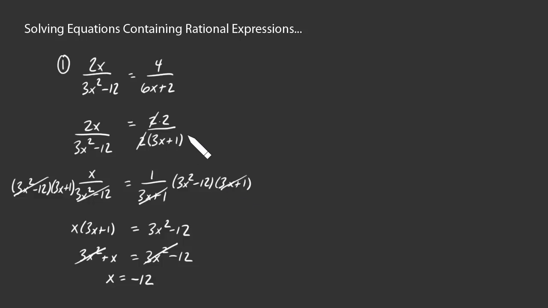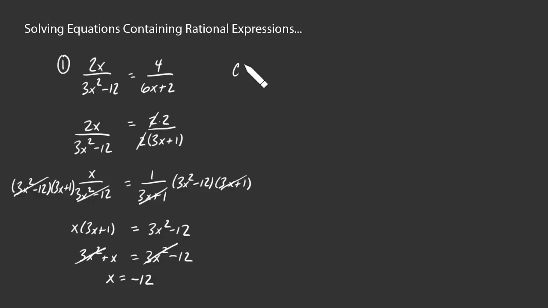Then you're effectively taking an equation and multiplying both sides by 0 to find the answer. Okay, that's probably not something you want to do. So if we're going to go this route, we need to check, does negative 12 actually work in this original equation before we started playing with it?